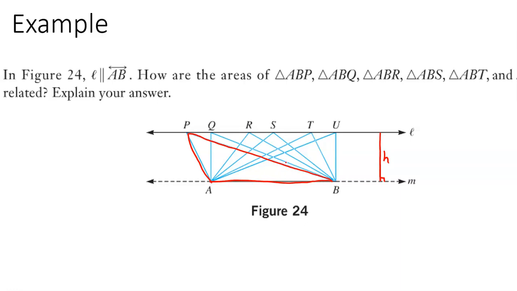All right, then what's another triangle? Another triangle would be, let's say, up here, from R to B to A, so ARB, or ABR. How is that related to the area of, let's say, this triangle, ABU? Well, as you start to draw these out, maybe you realize that they all have the same height.